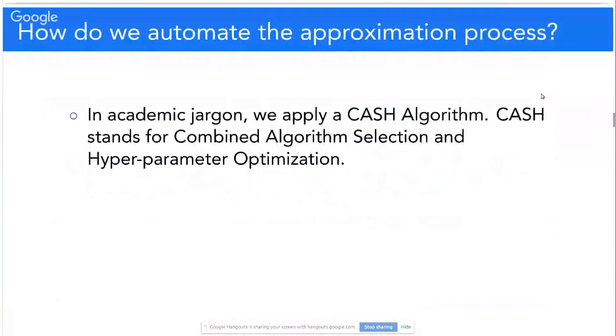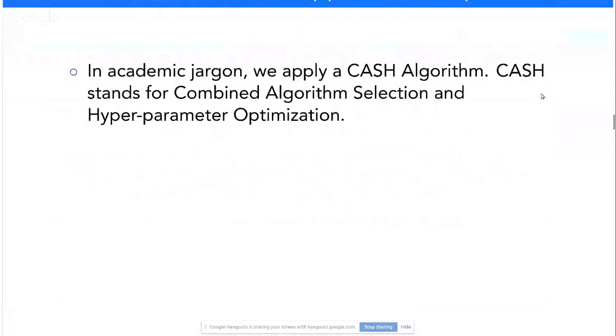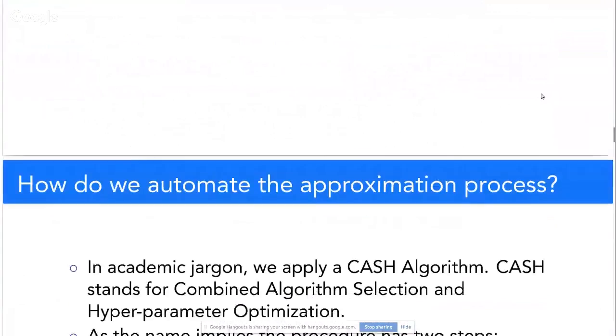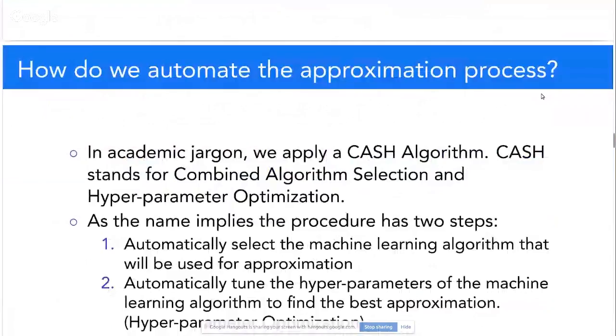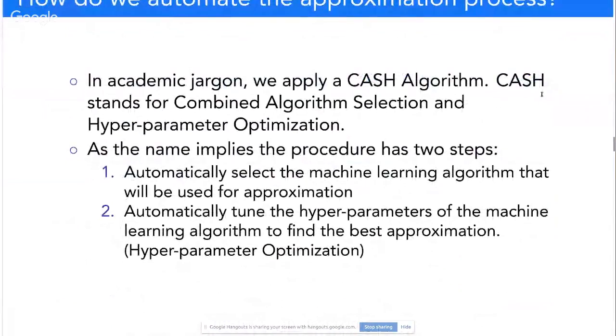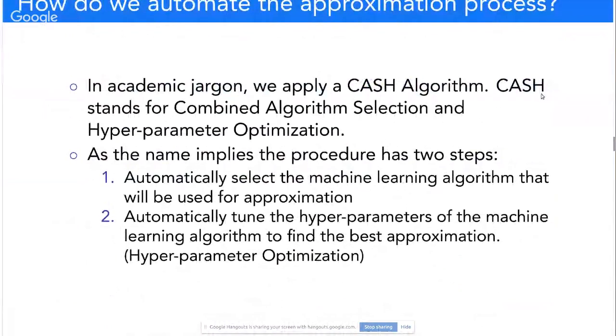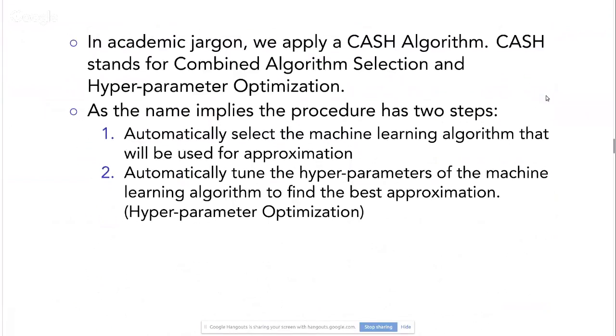So I'm going to skip this so that we can get to some of the examples. But basically, AutoML is essentially the process of choosing a machine learning algorithm and then doing hyperparameter optimization on that machine learning algorithm to find the best possible approximation to your function.